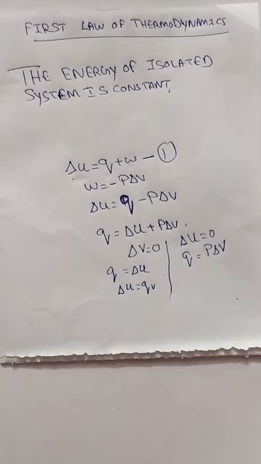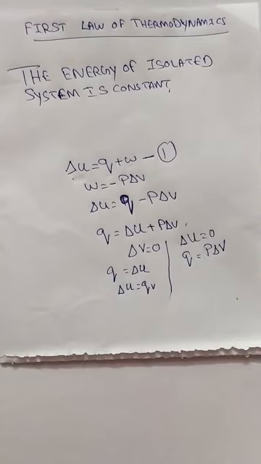It is impossible to construct a machine which can work without having some energy as an input. These are the statements of the first law of thermodynamics, and there is no theoretical proof. It is based on experience.